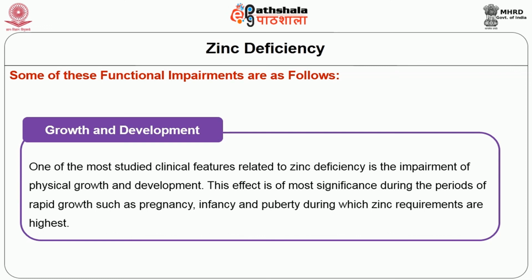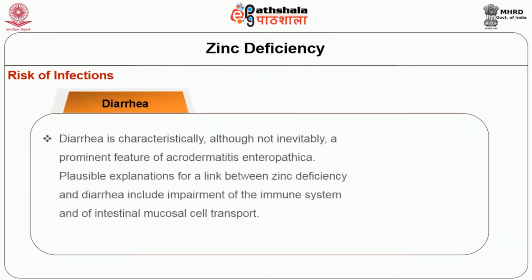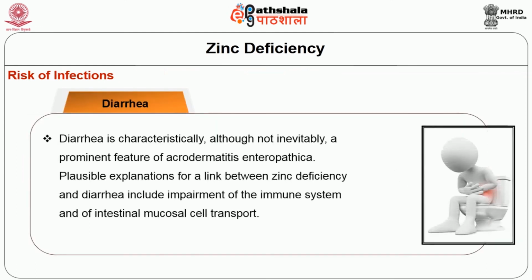This effect is of most significance during periods of rapid growth such as pregnancy, infancy, and puberty, during which zinc requirements are highest. The risk of infections, particularly diarrhea, is characteristically, although not inevitably, a prominent feature of acrodermatitis enteropathica. Plausible explanations for a link between zinc deficiency and diarrhea include impairment of the immune system and intestinal mucosal cell transport.